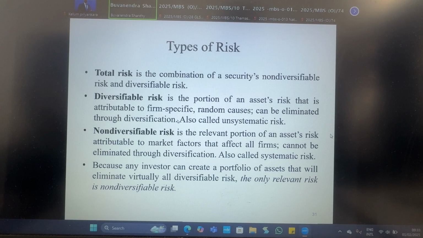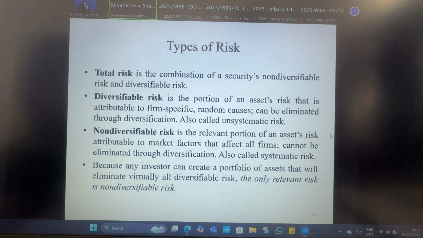The other risk is called systematic. You cannot diversify it, you cannot eliminate it. It is uncontrollable risk. For example, market factors and economic factors influence stock returns. That is common to everyone, every company.